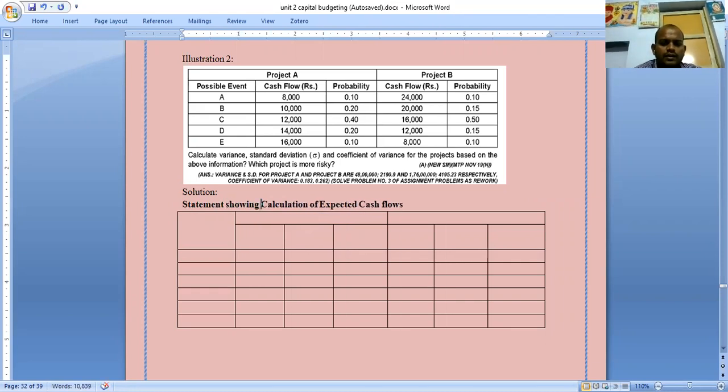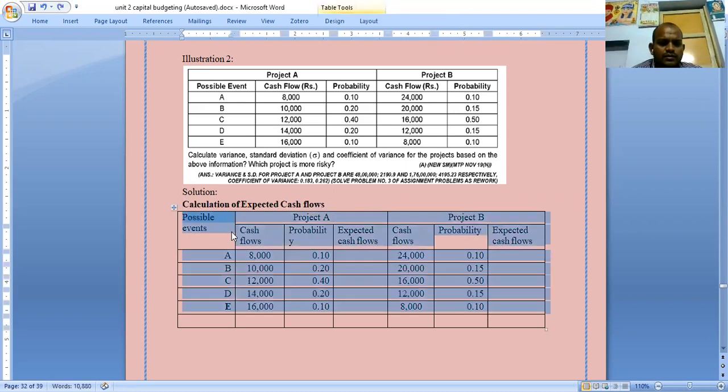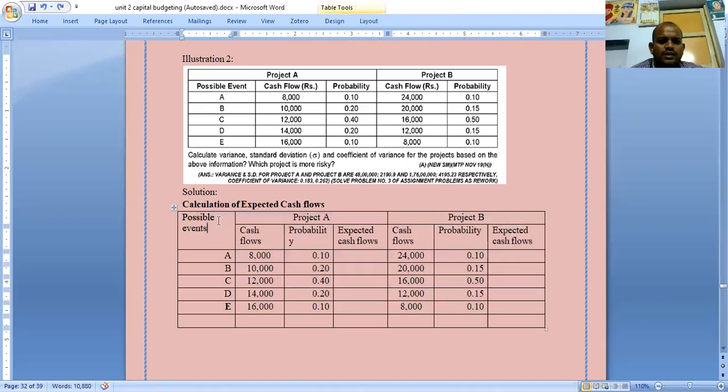Statement showing the calculation of expected cash flows. So I'm just considering all the values from the above illustration. Those are possible events and the cash flows of project A and the probability of project A, and the expected cash flows column is empty.